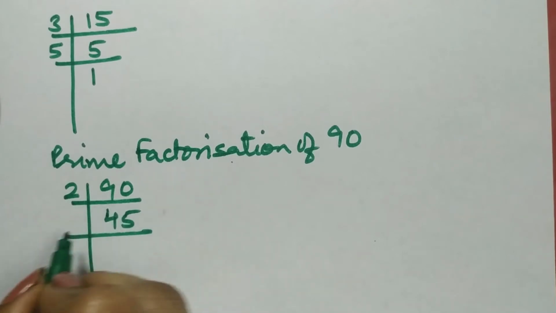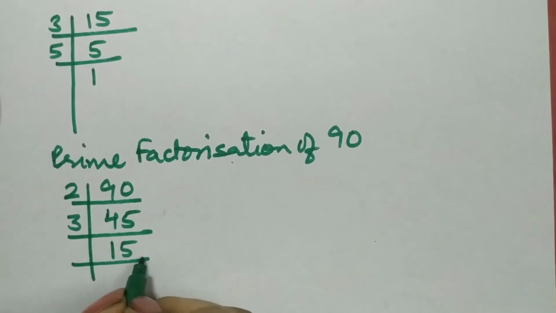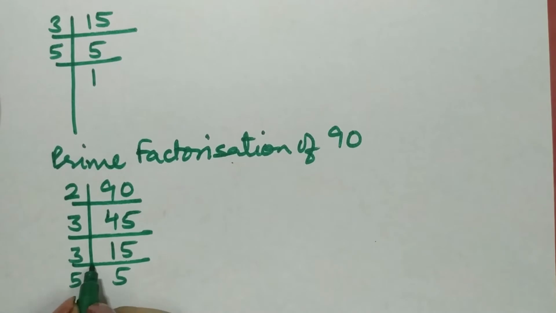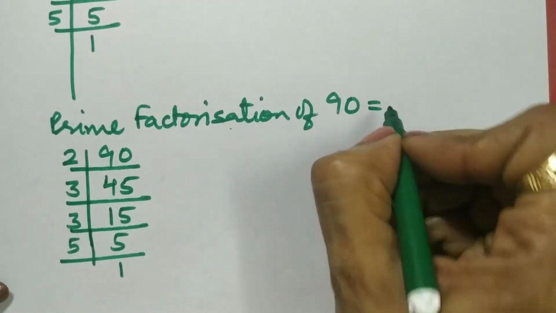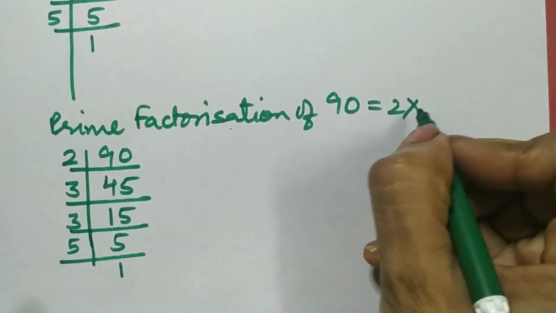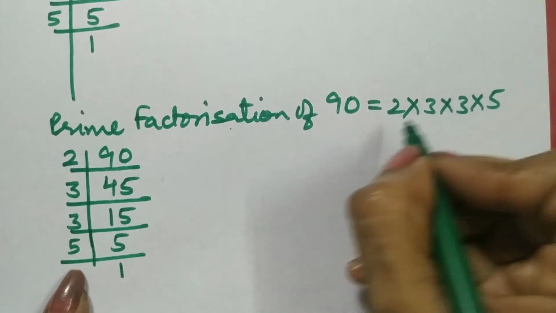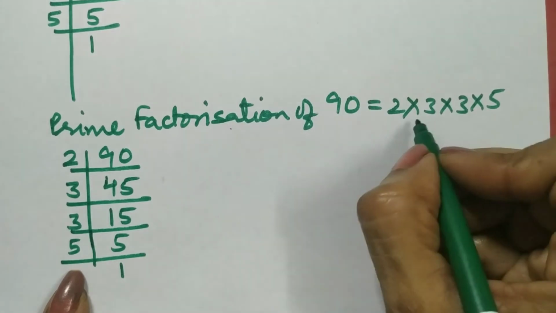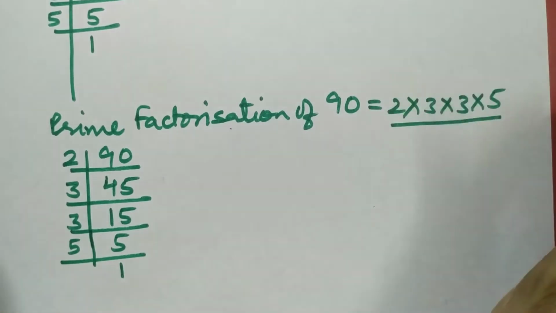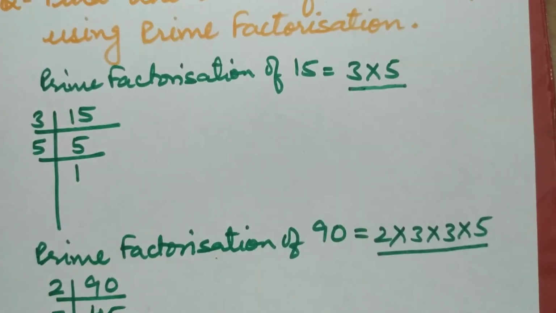Take the next prime number, that is 3. 3 1s are 3, 3 5s are 15. Again it is divisible by 3. 3 5s are 15. Now take the number 5. 5 1s are 5. So prime factorization of 90 will be 2 into 3 into 3 into 5. See, 2 3s are 6, 6 3s are 18, 18 5s are 90. So this is the prime factorization of 90, and this is the prime factorization of 15.